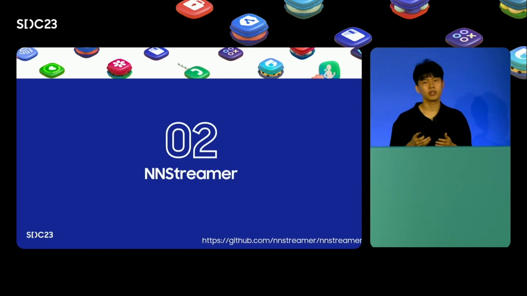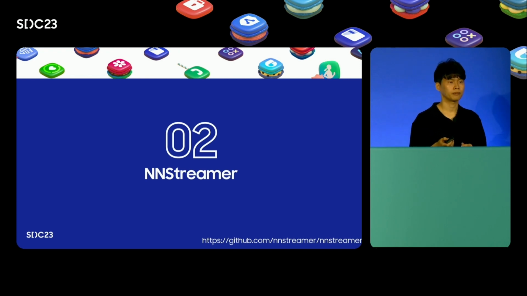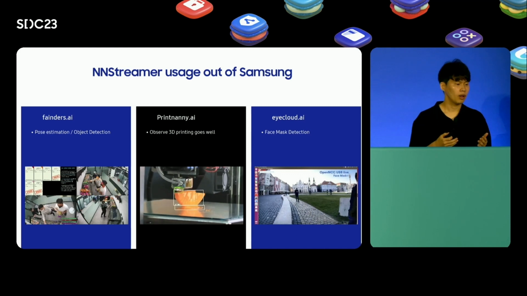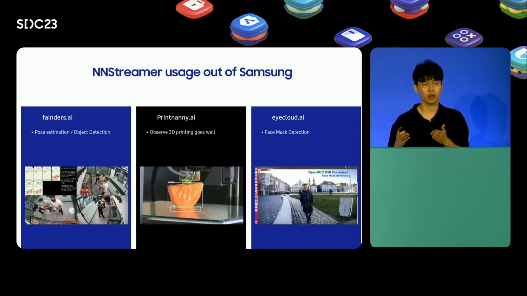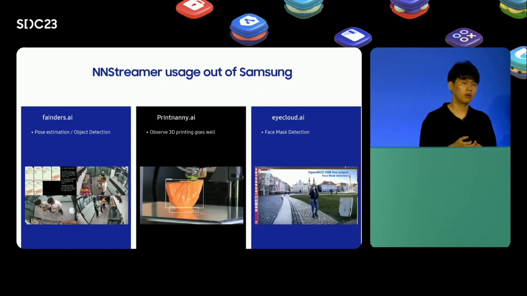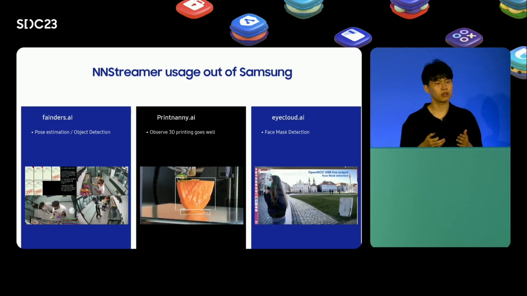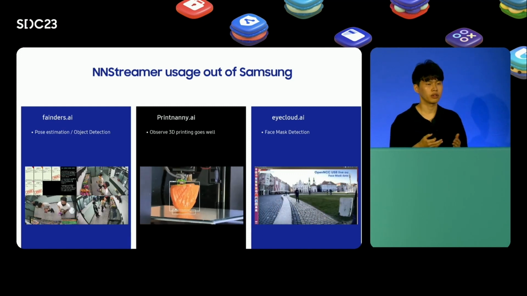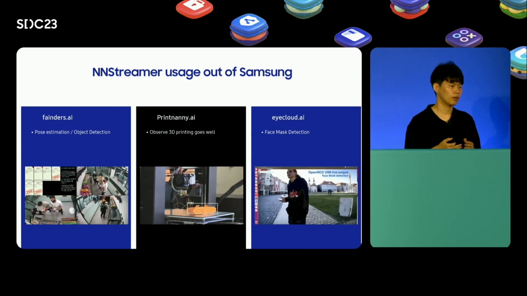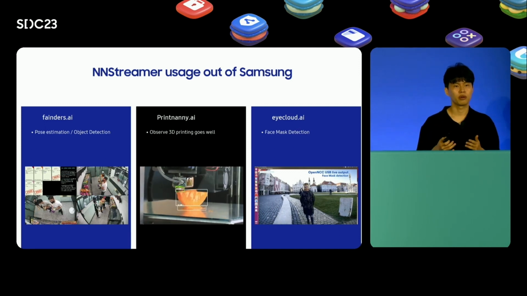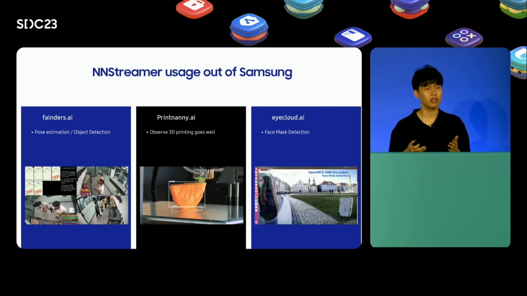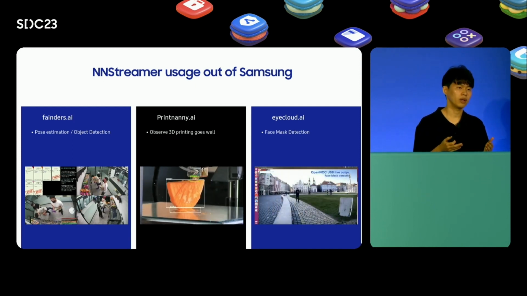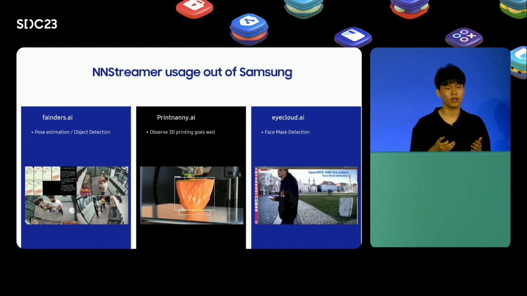So here goes the first project to be introduced, NNStreamer. NNStreamer is already deployed to companies other than Samsung, so here I will introduce a few services of such companies. Finders AI provides an automated retail solution for the cashless convenience store with video and sensor data streams via NNStreamer.